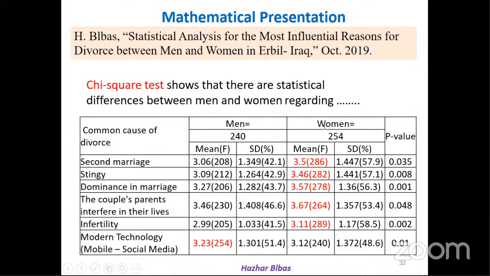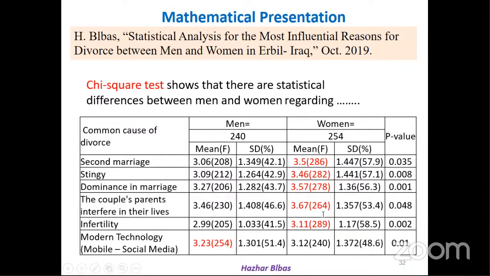Gender is qualitative data, men, women. Second marriage, stingy, and so on are also qualitative, measured using a 5-point Likert scale: strongly agree, agree, neutral, disagree, strongly disagree. There's a frequency for each of them, and also the mean. But I'm going to focus on the frequency because I've used the chi-square test.